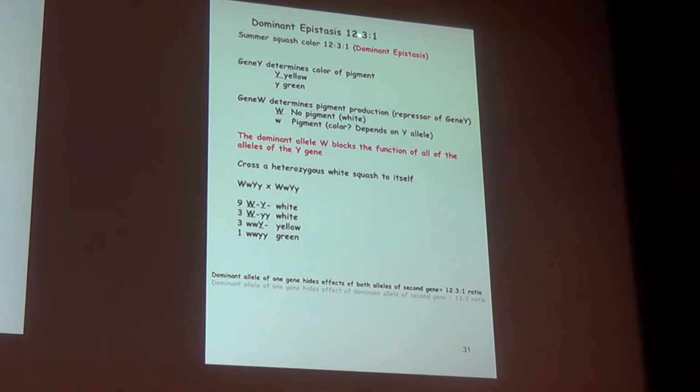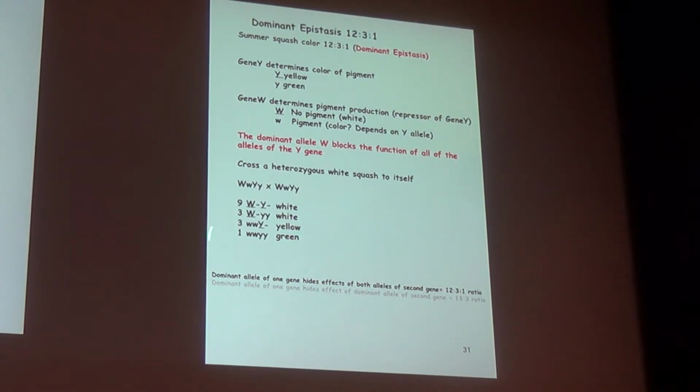So a 12:3:1 ratio is basically also an epistasis ratio, but it's a little bit more complicated. It's not a linear pathway ratio, but it's a ratio where one gene affects the production or the expression of a second gene. And this is a dominant epistasis because it's the dominant W gene that is affecting the other gene.